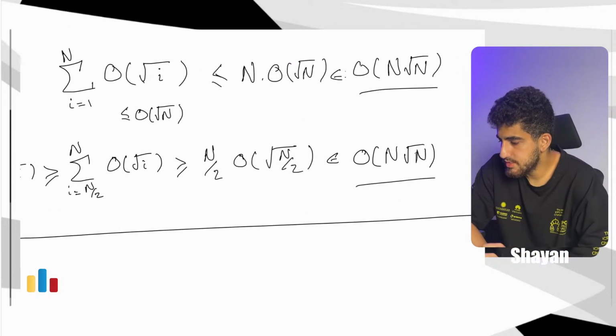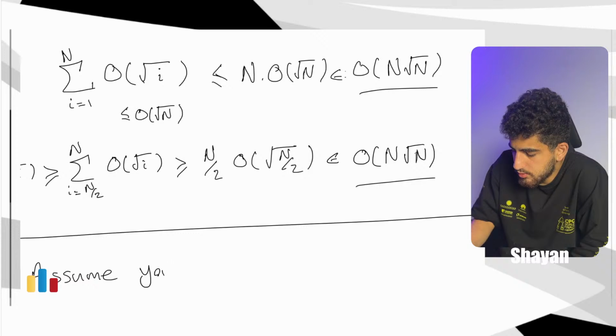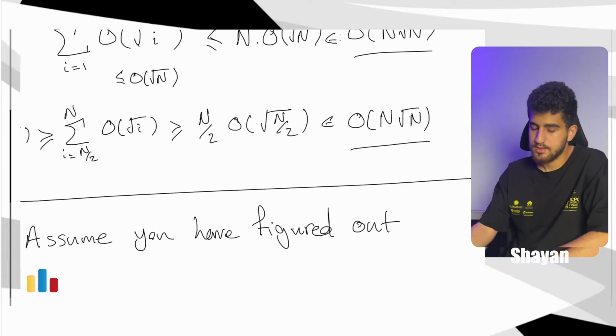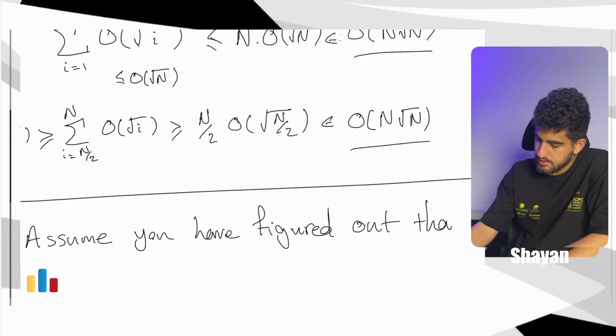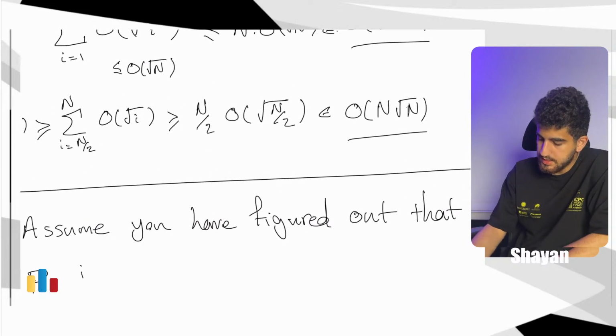Assume that you have figured out that p is a prime number.